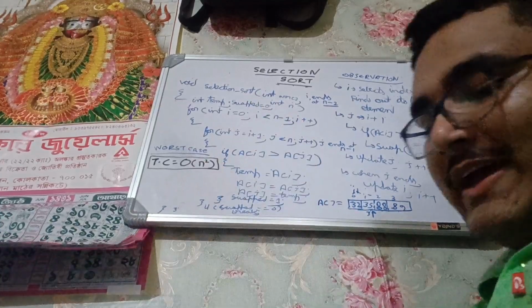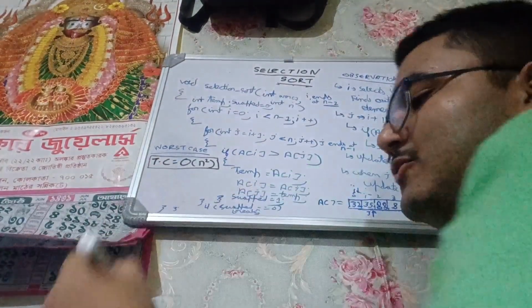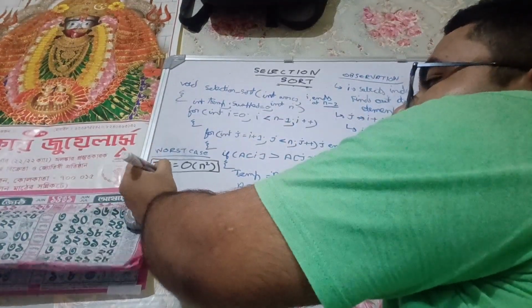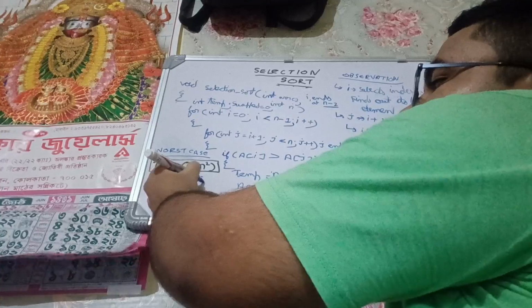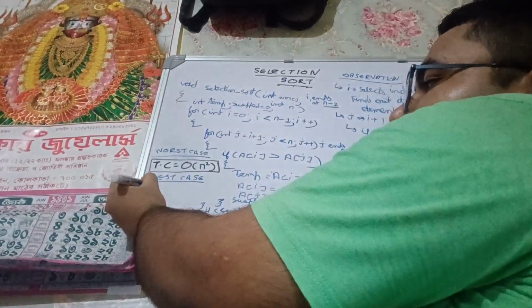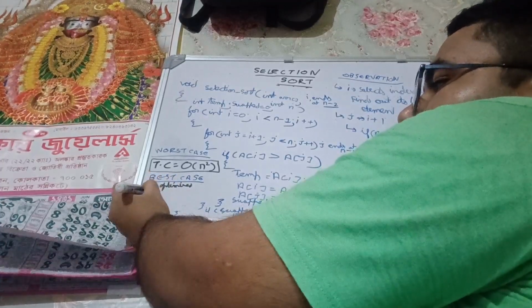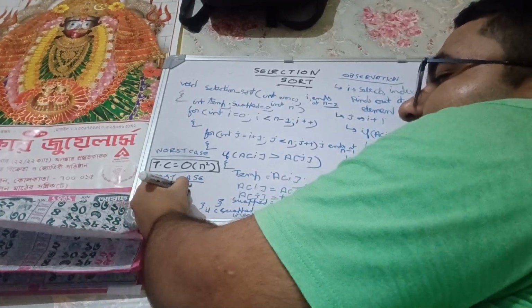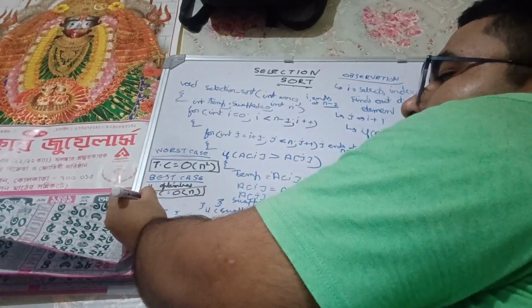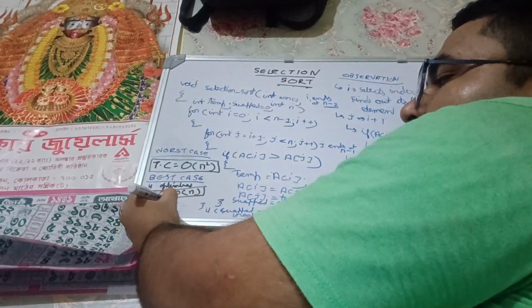So at optimized best case, time complexity is big O of n. Otherwise, time complexity is big O of n square.